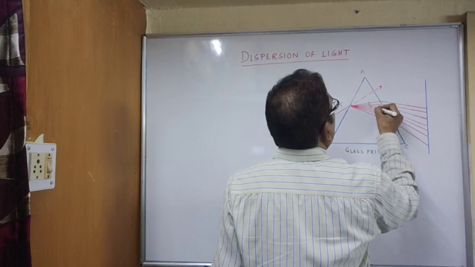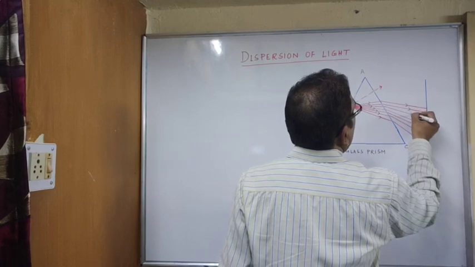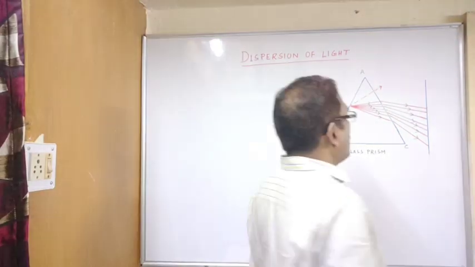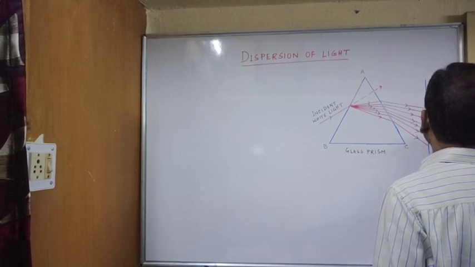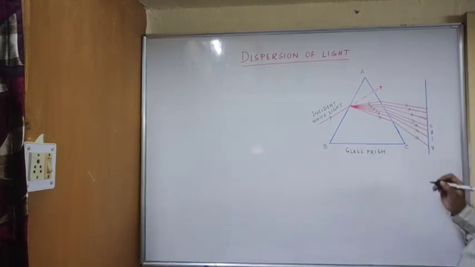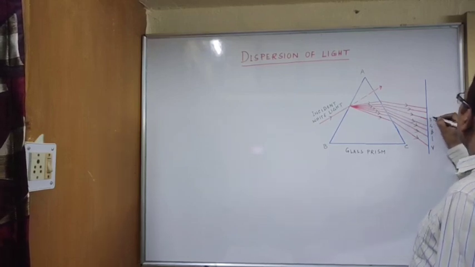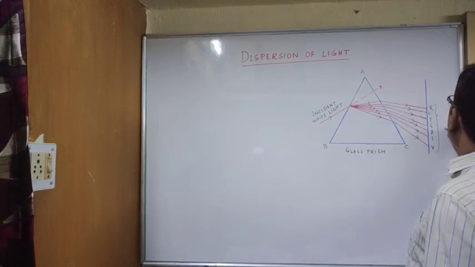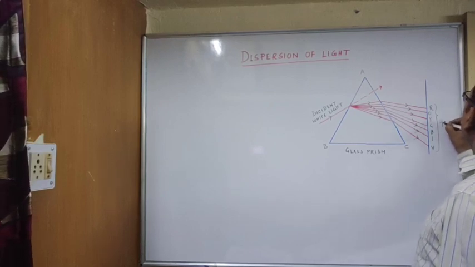So this ray will split up into 7 colors, and if we place a screen in front of it, then you will get a band of 7 colors, and those 7 colors are violet, indigo, blue, green, yellow, orange and red. So this band of color is known as a spectrum.